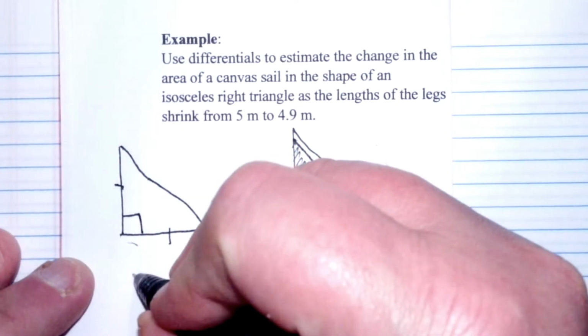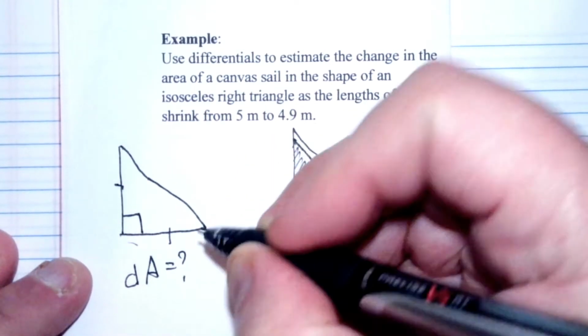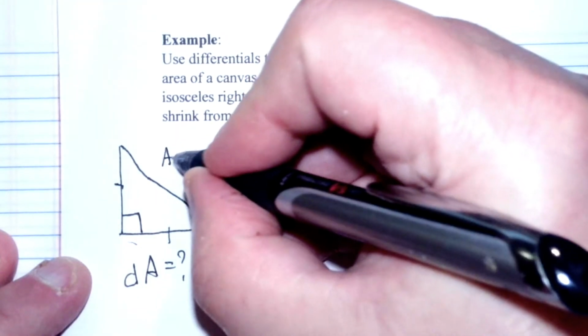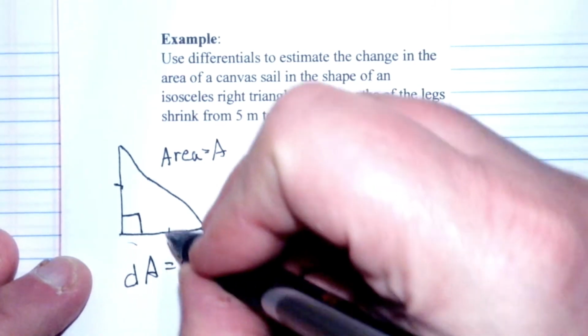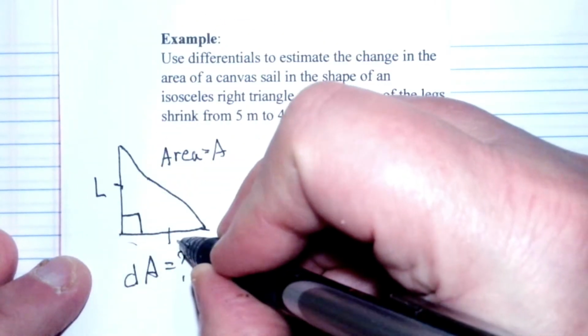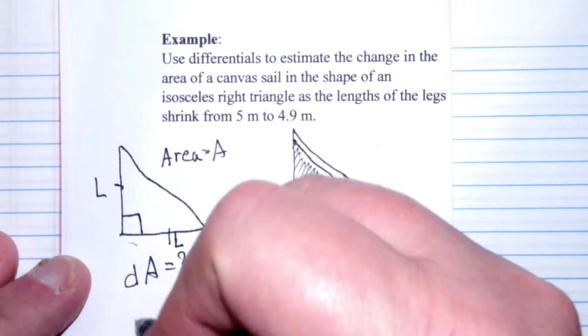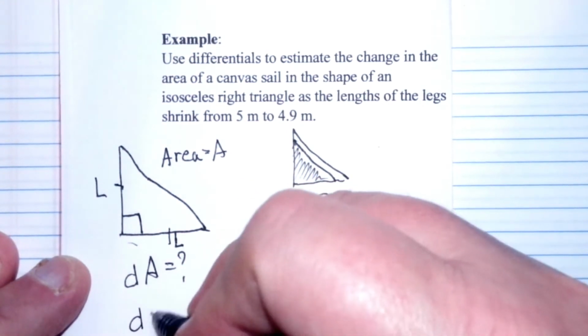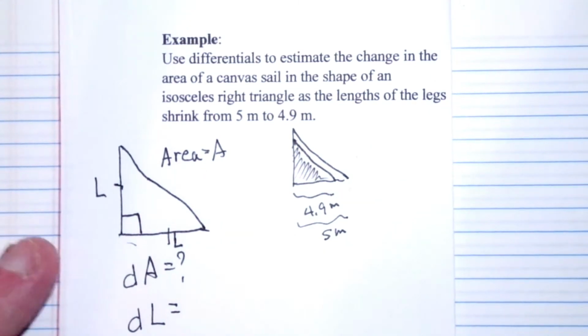Alright, so dA is what we're looking for, if A is the area. And let's call the length of a side, how about L for leg? And so dL is, well, it's either going to be 0.1 or negative 0.1.